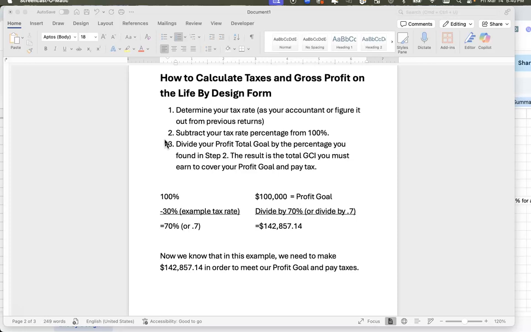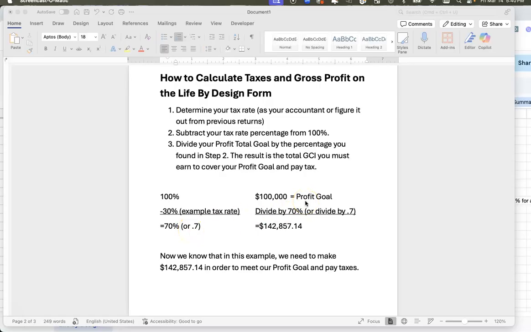In this example, we're going to say that 100% of our profit goal is $100,000. We're using a sample tax rate of 30%. 100% minus 30% equals 70%, or otherwise known as 0.7.